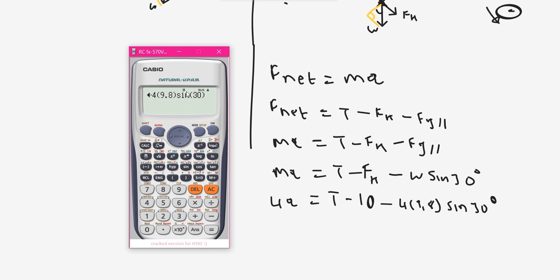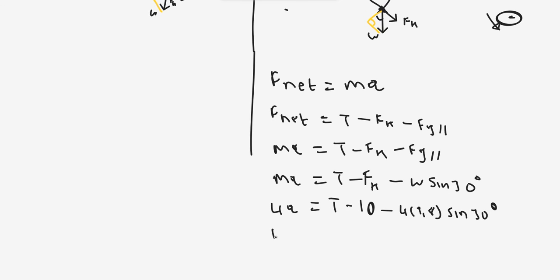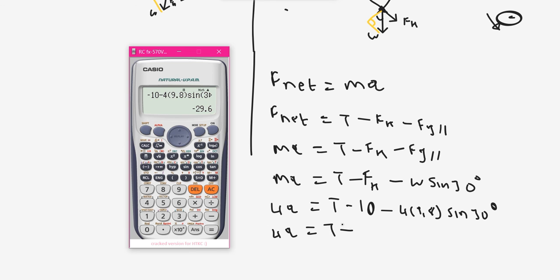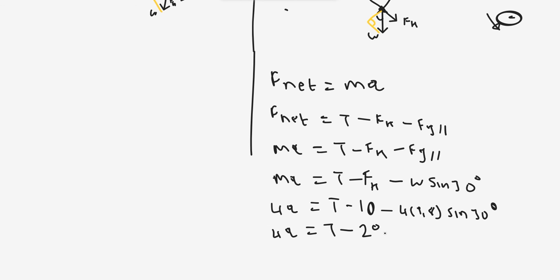Make sure your calculator is in degrees. It equals negative 29.6. So we have 4A equals T minus negative 29.6, and this is our equation number 1.